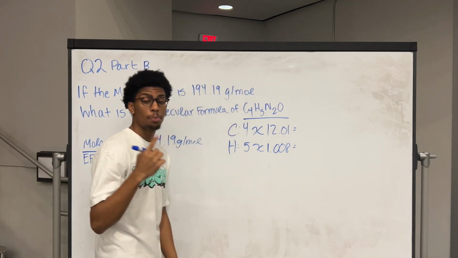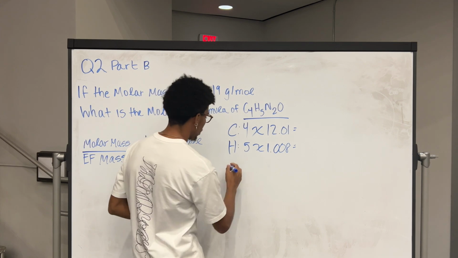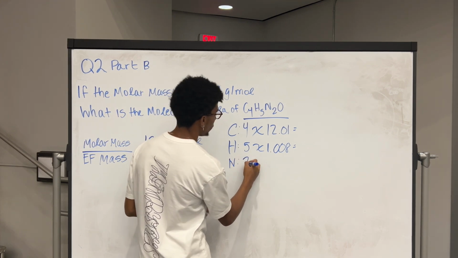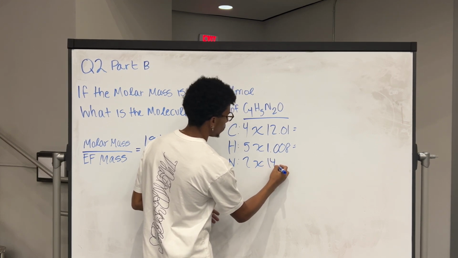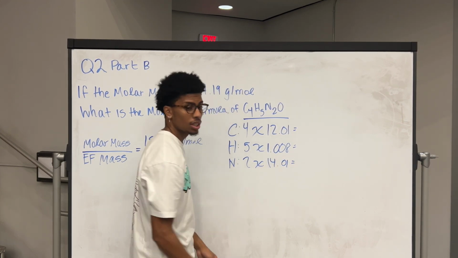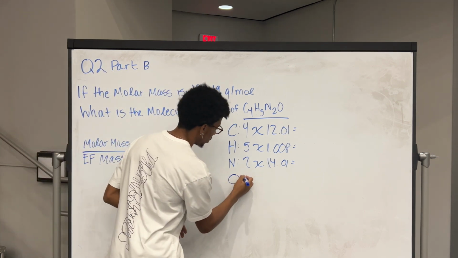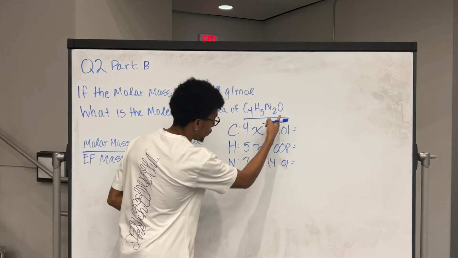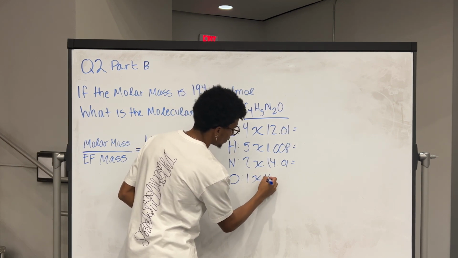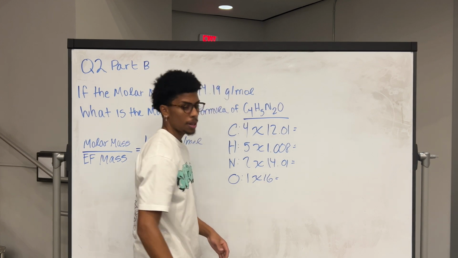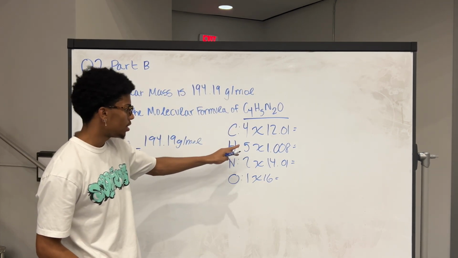And yes, you're going to get a periodic table for the exam. Nitrogen, there's 2 of them, and the mass of nitrogen is 14.01, I believe. And then you have oxygen, which again, we just have 1 of them. You don't show a 1 subscript times 16. Okay? So you're going to solve for each of these.